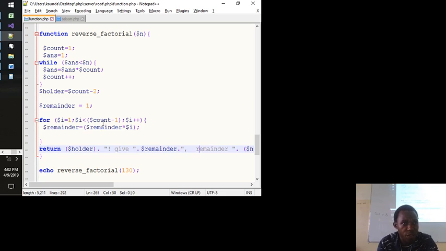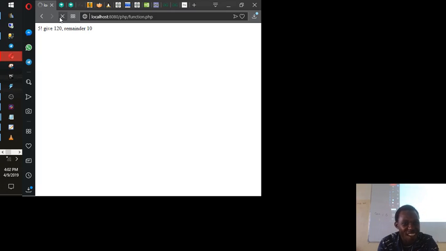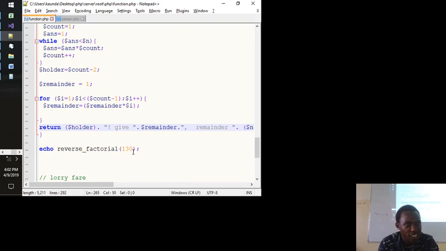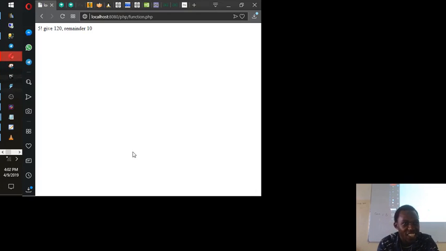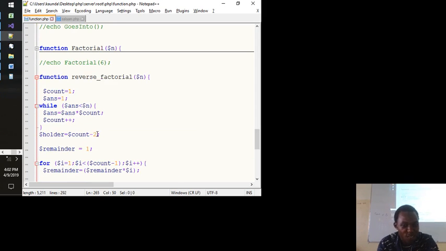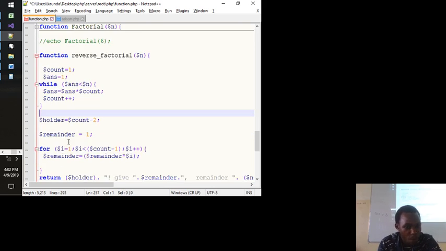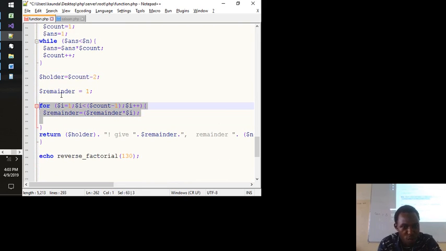The code is working, but I can't explain it. 5 factorial gives 120. Remainder 10. We were giving 130. So it's working. But if you ask me why, I can't. That's why I'm trying to see why I have to subtract 2 from here. I know from up here coming, you subtract 1. If I was to return the count from here, I would have to subtract 1. But I'm trying to see how this loop is working with the count. That requires me to do another subtraction.